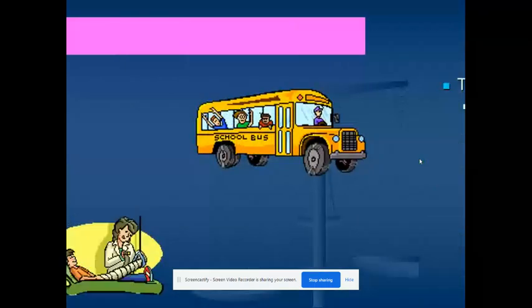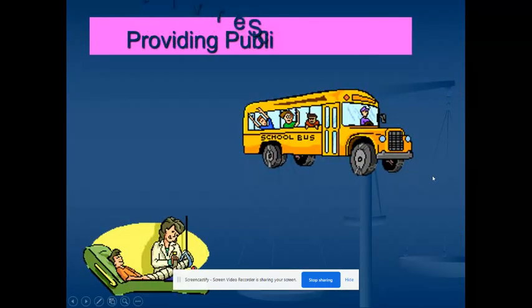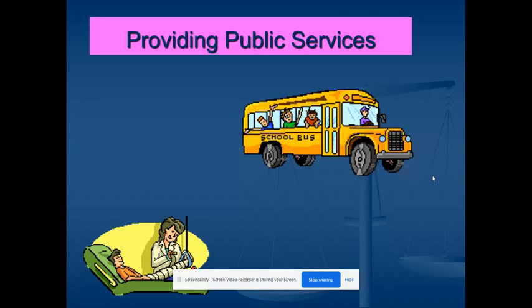All right. And then our next one is probably the one that most people will have contact with for their lifetimes. First of all, when you are born, they issue you a birth certificate. That is a public service. Then you go to school. Generally, you could go to private school, but most people are going to go to public school, and that's provided by government.